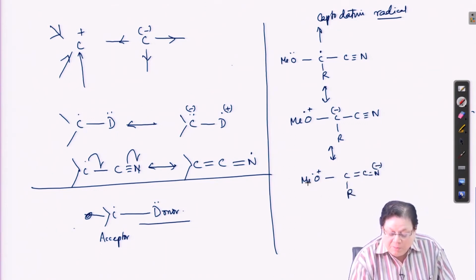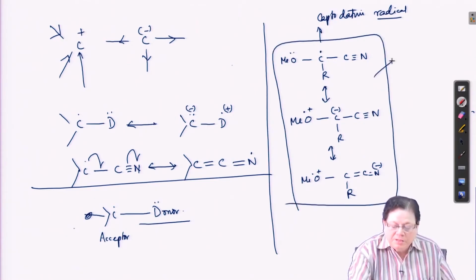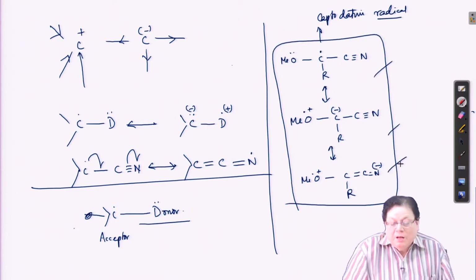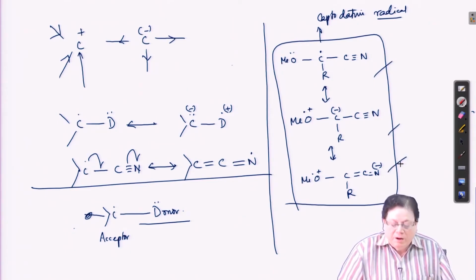So, you get much more delocalized charges. These three resonating structures are the reason why captodative radicals are very stable.